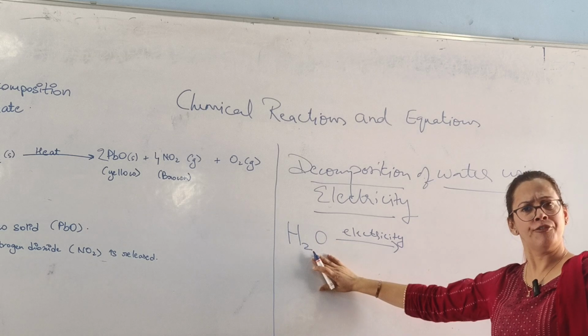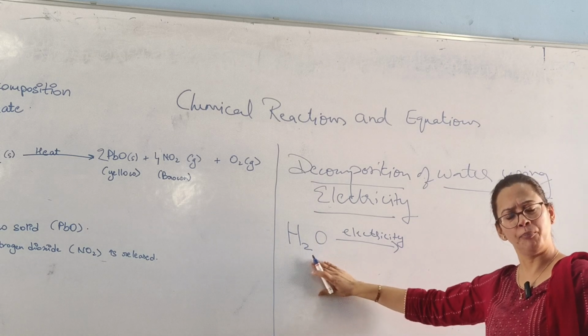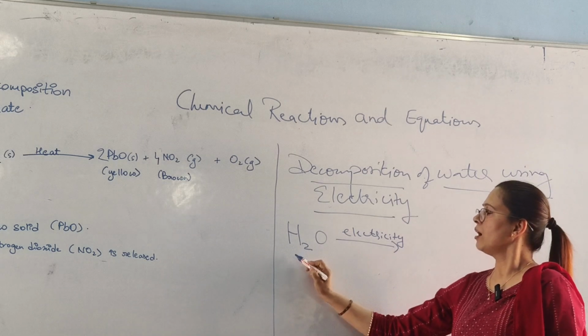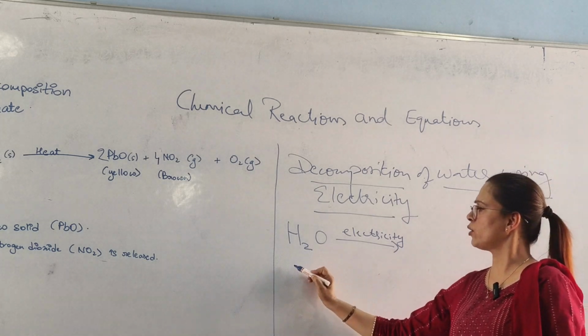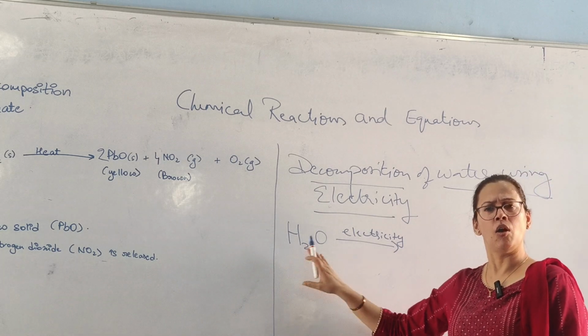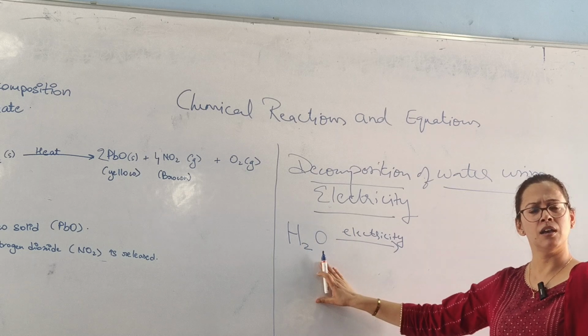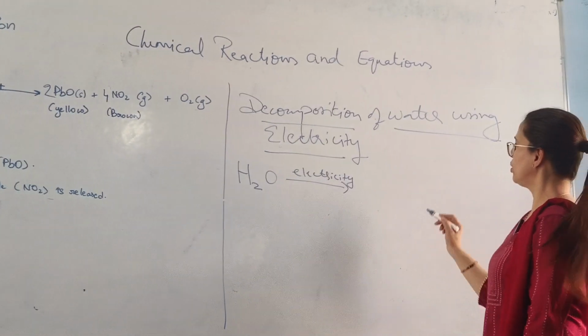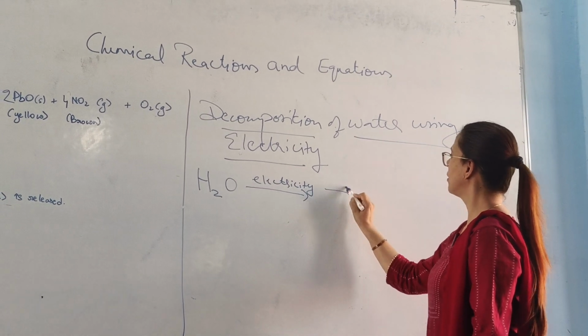The ions of water break down, and hydrogen in OH. Hydrogen is cation. OH is anion. Cation goes to cathode. So what happens?